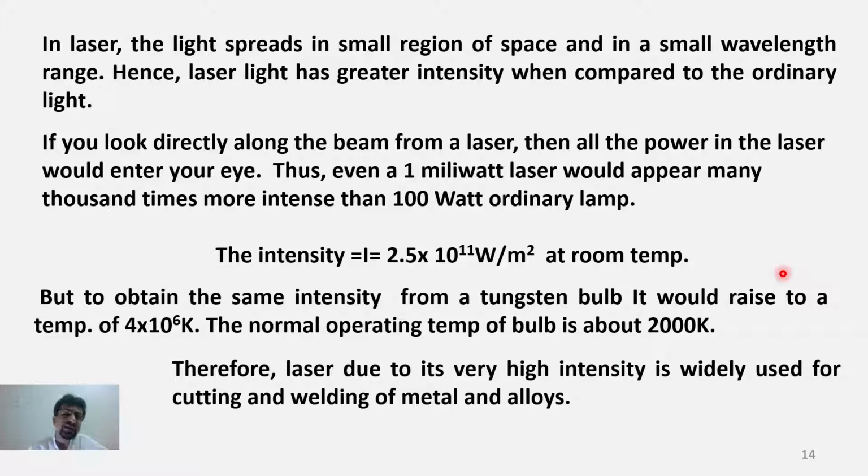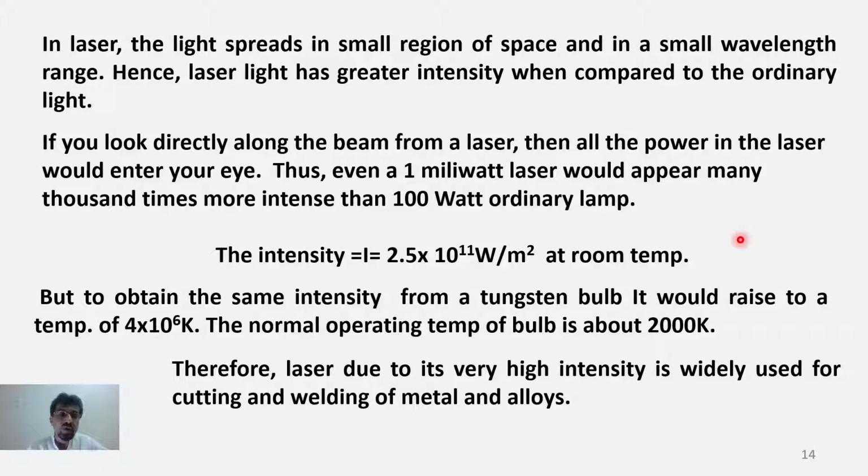That is, the intensity of the laser beam at room temperature is very high. But to obtain the same intensity of radiation from a tungsten bulb, the temperature would have to rise to 4 × 10^6 degrees Kelvin.